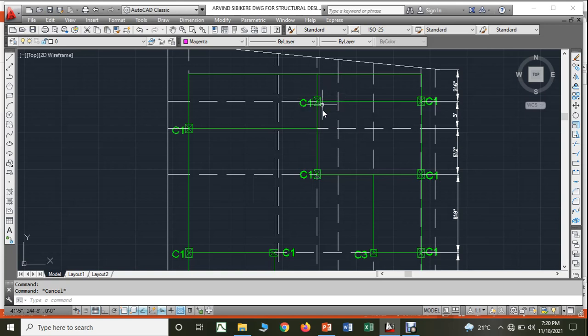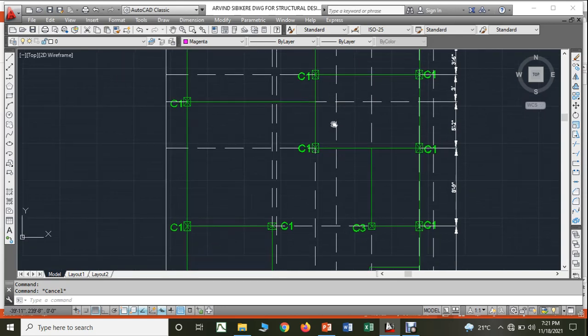Whereas here if I consider this slab, then half of the load will come to this beam and from this beam to this column, and then the remaining half will come to this column. It means I can say that this beam receives quite heavy loading. Even this may receive quite heavy loading.